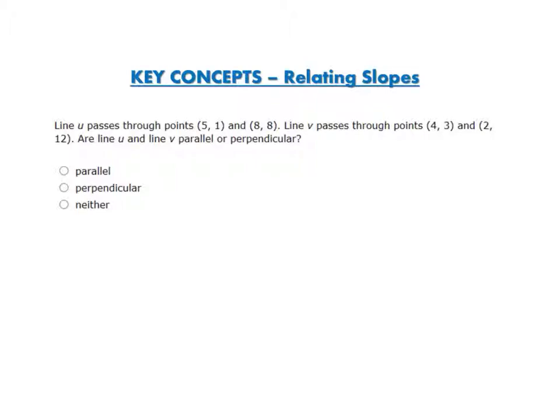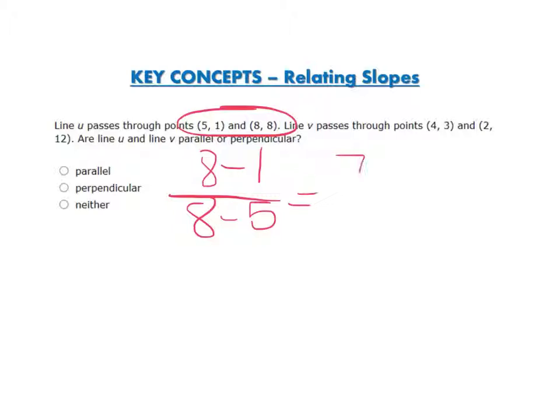Then you're going to see problems where they give us points for two lines, and they want to know if the lines are parallel or perpendicular or neither. So let's start with this first line. I'm going to take 8 minus 1 over 8 minus 5, and I get 7 over 3.